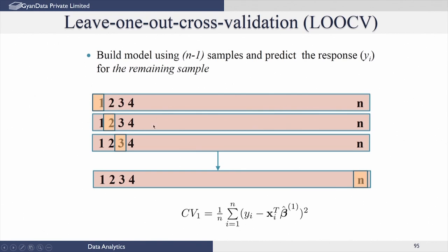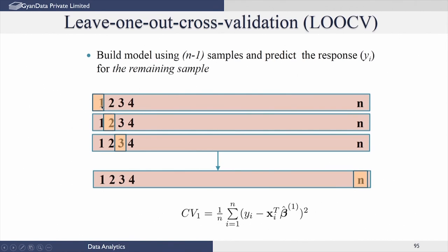Do this with the second sample being left out and the third sample being left out in turn, so that every sample has a chance of being in the validation set and also being part of the training set in the other cases. Once you have done this for a particular choice of the model parameters, let us say you are building a linear model, you find the sum of squared prediction errors on the left out sample over all the samples.